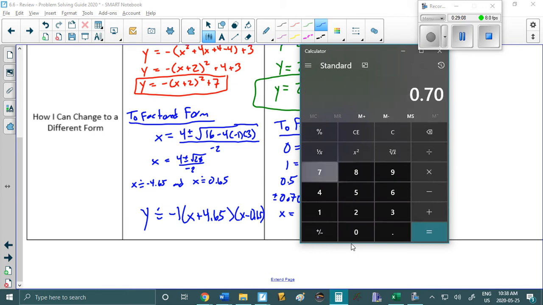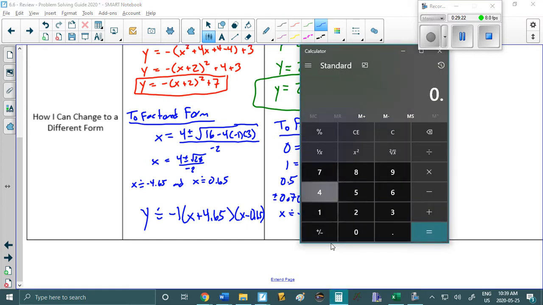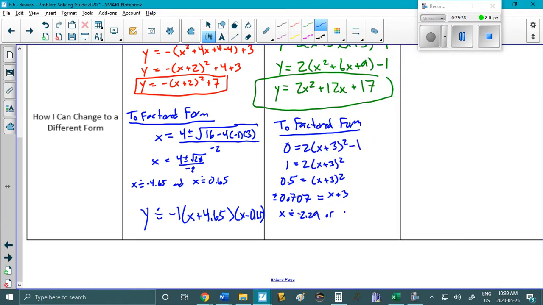So 0.707 minus 3 is going to be negative 2.29. Or negative 0.707 minus 3, negative 3.7. I guess we're going to 2 decimal places. Negative 3.71.